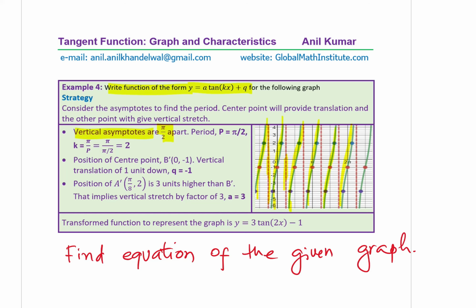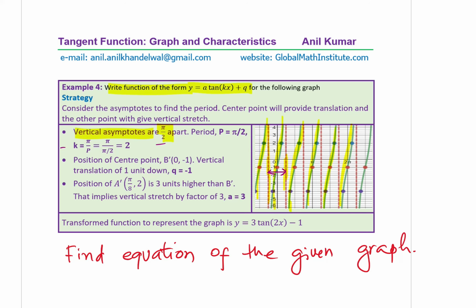So they are from minus pi by 4 to pi by 4, correct? So they are pi by 2 apart. So this distance is equal to pi by 2, right? So that means the period is pi by 2 for the tangent function.